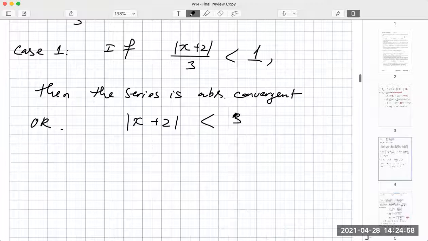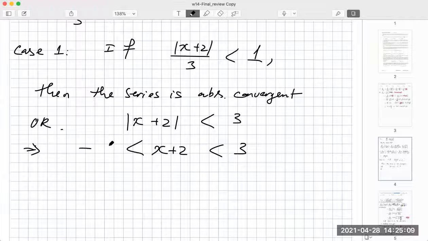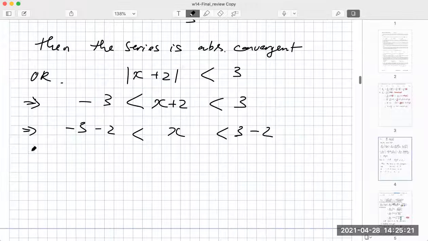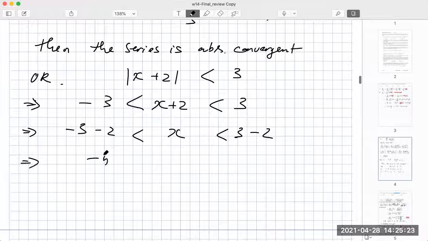So the radius of convergence is R equals 3, right? From this, it implies that x plus 2 is smaller than 3 and larger than negative 3. If we subtract 2, so the center becomes x and this side subtracts 2, therefore negative 5 is smaller than x, which is smaller than 1. Okay?